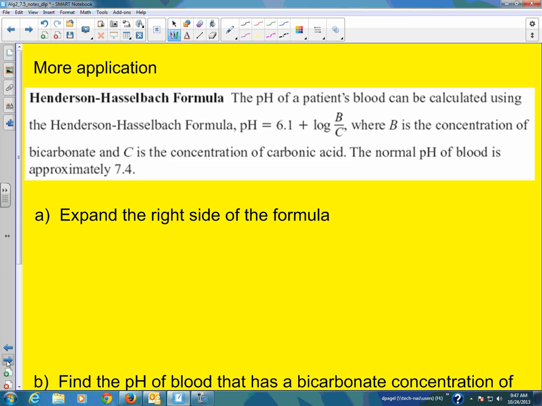So let's expand the right side of the formula for the first thing. So we're going to say that our pH level is equal to 6.1 plus the log of, now if I'm expanding a quotient, I'm going to be doing subtraction. So there's the expansion from the original formula.